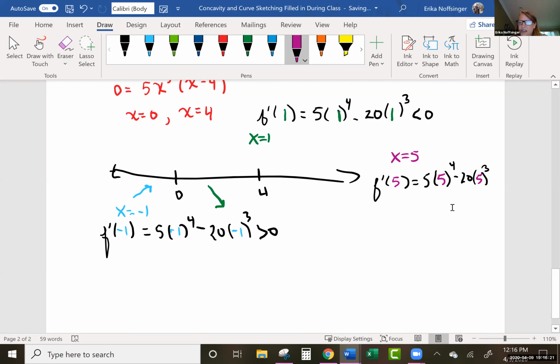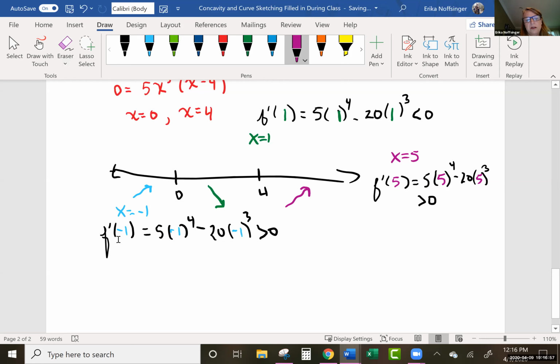I think that's going to be negative, isn't it? But let me just check. So 5 times 5 to the 4th, that's really 5 to the 5th power, minus 20 times 5 cubed. Actually, that's positive, 625. So this is greater than 0. And so this is increasing here.